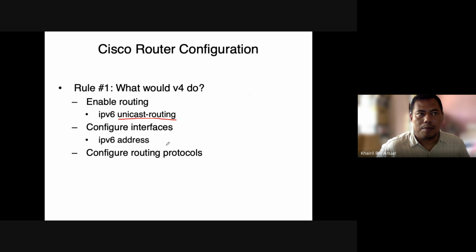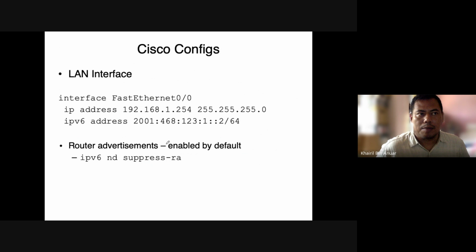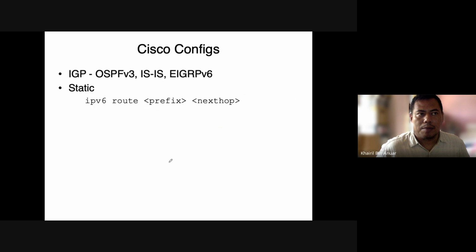How you configure this is: ipv6 address, then what will be the IP address in IPv6, then what is the prefix of it. And then you can also do router advertisement, or suppress it using ipv6 nd suppress-ra. This is tunneling. This is if you are using routers and so forth.